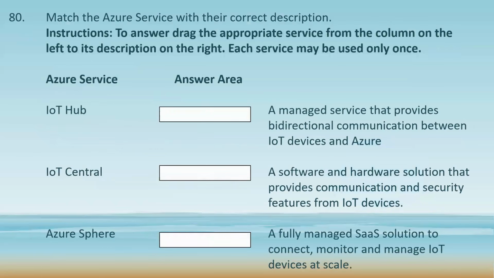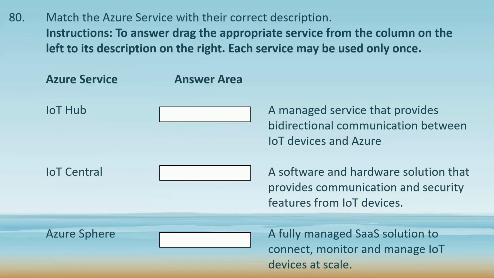Question number 80. Match the Azure service with their correct description. You need to drag the appropriate service from the column on the left to its description on the right. And a thing to note is each service can only be used once. The services are IoT Hub, IoT Central, Azure Sphere.